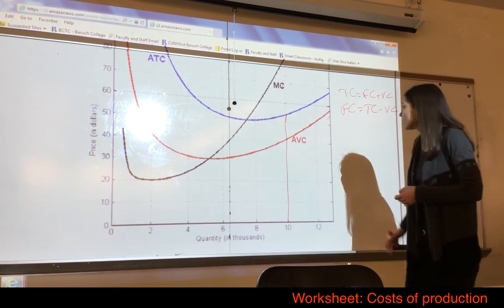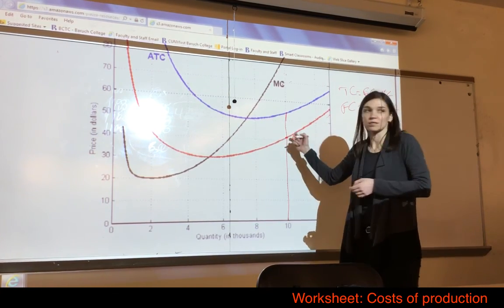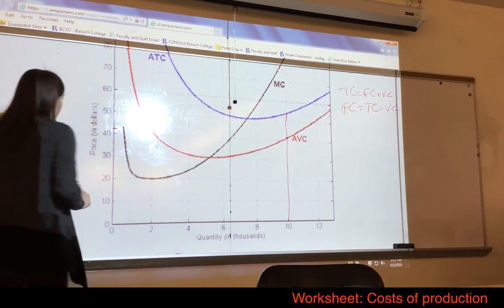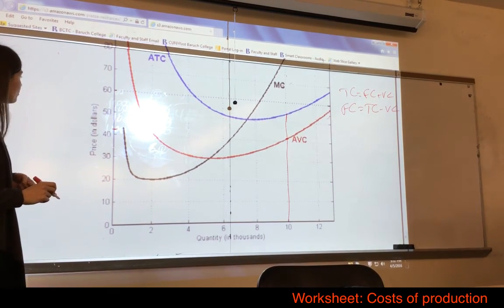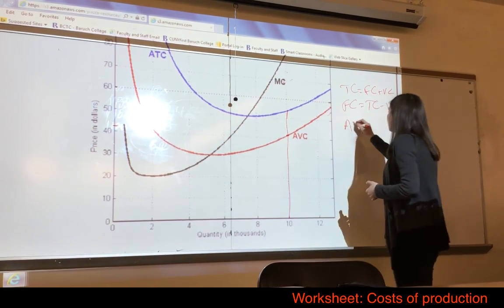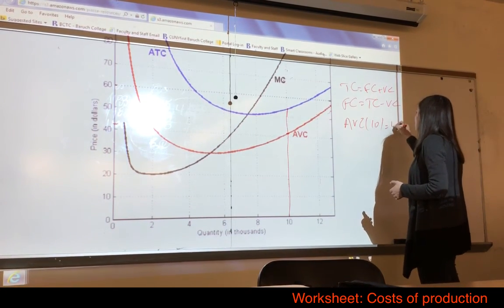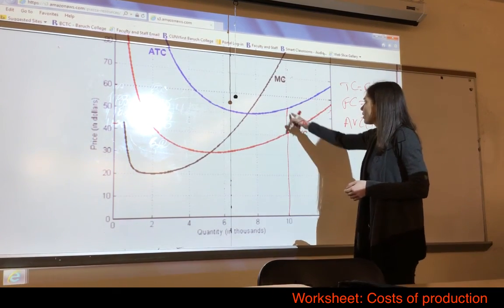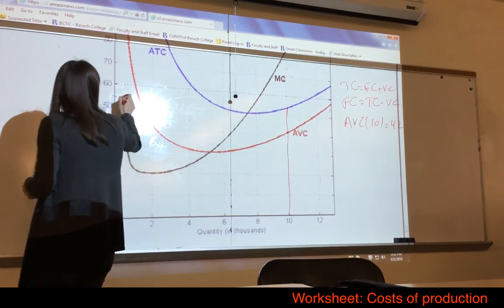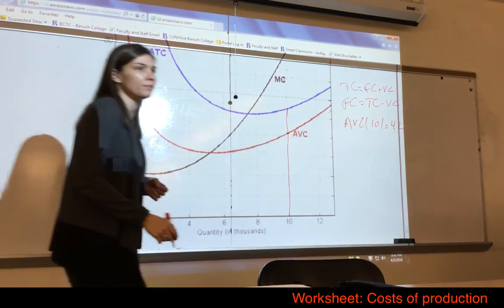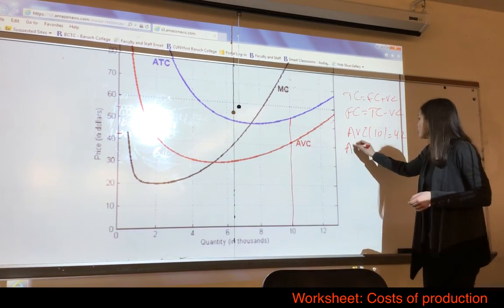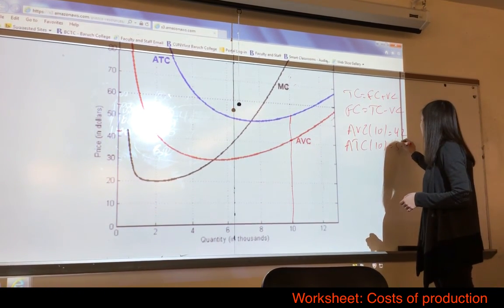So if I pick 10, I know that average variable cost at a quantity of 10 is 42, let's say. And average total cost at 10 is 54, let's say.